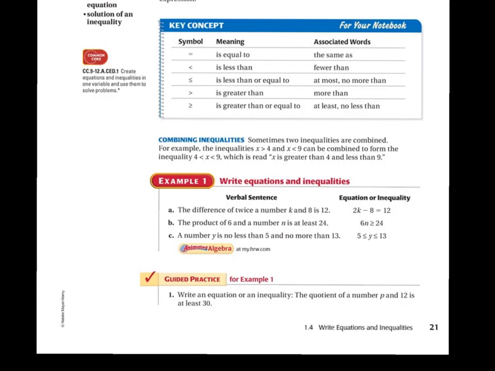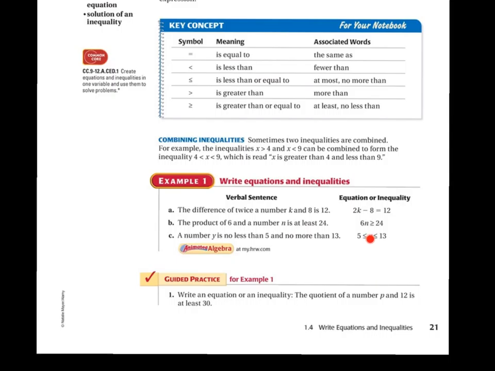If you remember back last section, product means multiply, so 6n is at least 24. At least would mean greater than, and could also be equal to, so greater than or equal to 24.